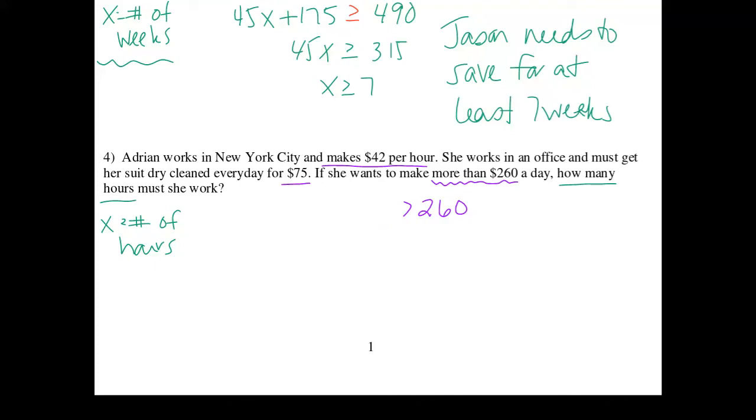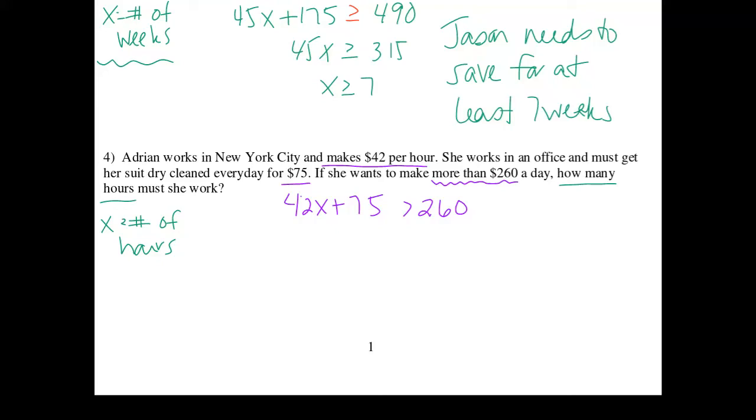So let's go back and look at the 42 and the 75 because that's money that she's either bringing in or taking out. So at first glance, it might be kind of logical for you to just write 42x plus 75. Well, let's think about this for a second. If I do 42x plus 75, what does that really mean?